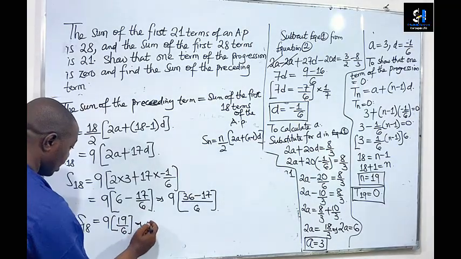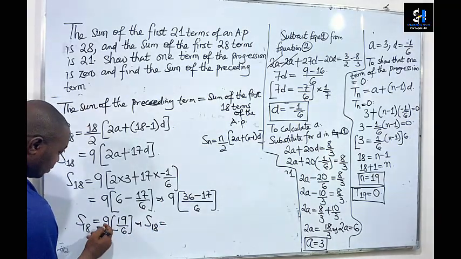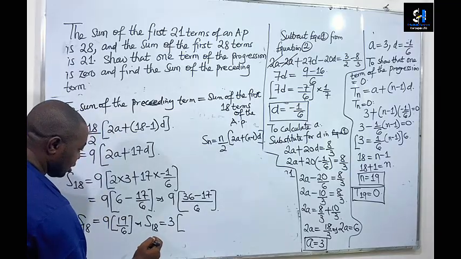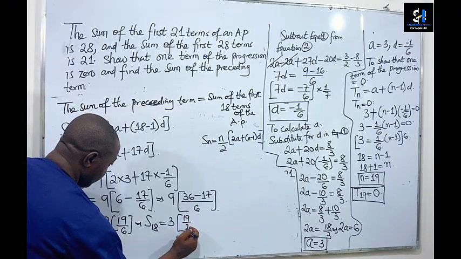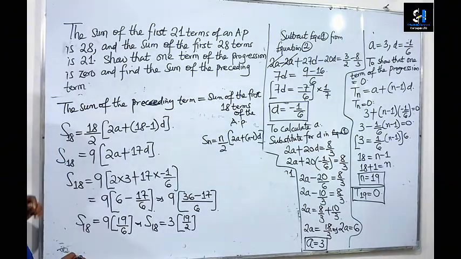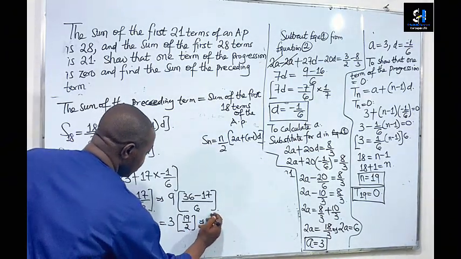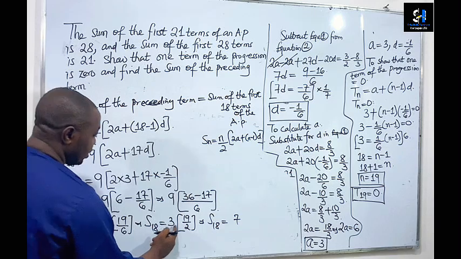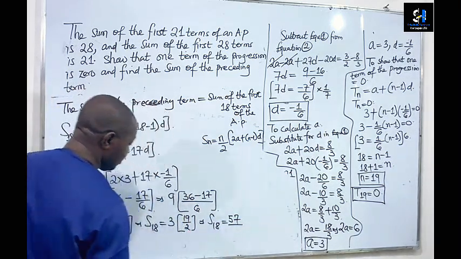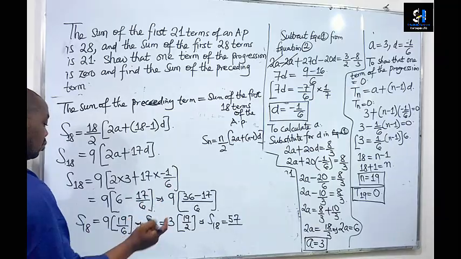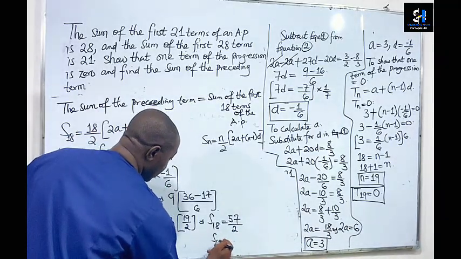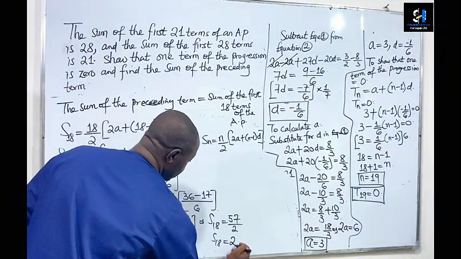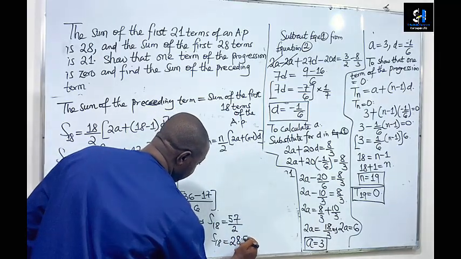If I divide this by 3, I get 3, and if I divide 6 by 3, I get 2. So 3 times 19 over 2: 3 times 9 is 27, 3 times 1 is 3 plus 2 is 5, so 57 over 2, which will be 28.5.